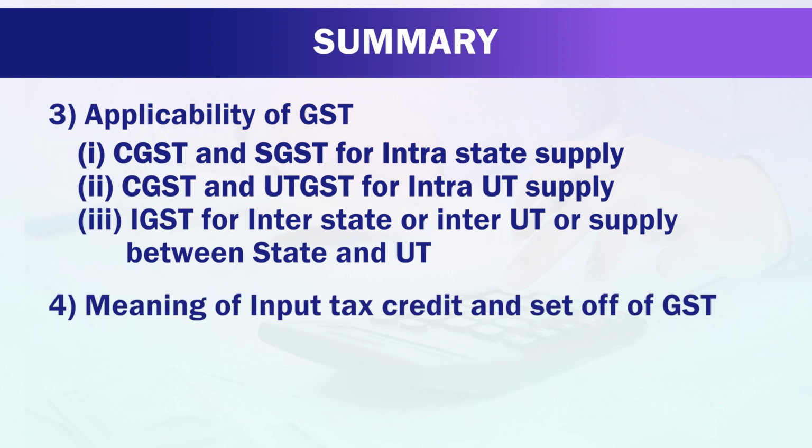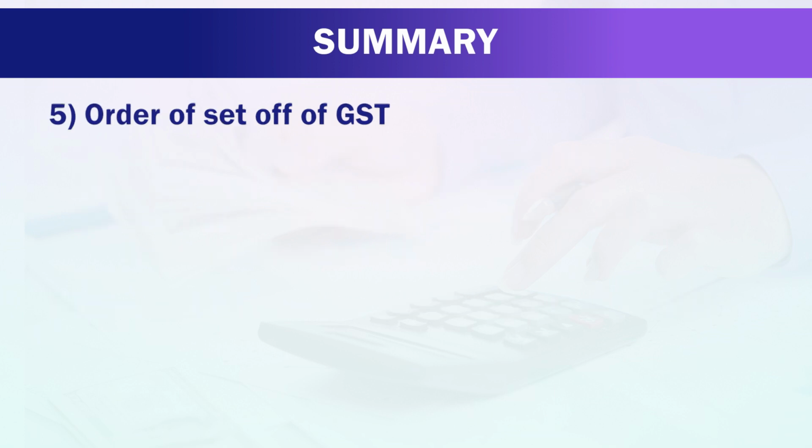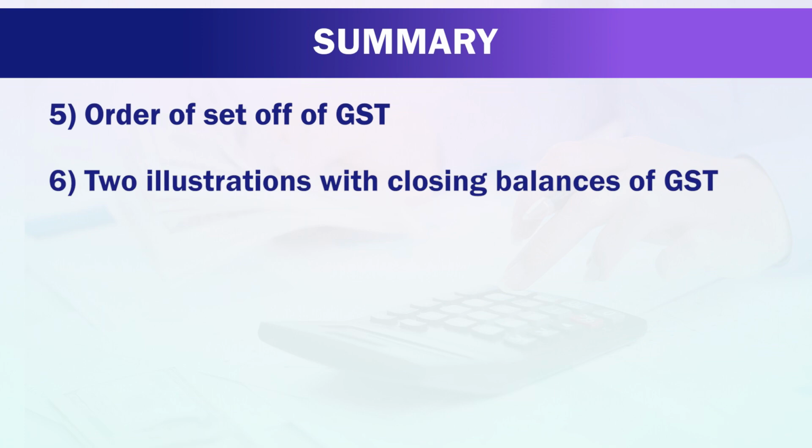Fourth point which you have observed was meaning of input tax credit and set off of GST, order of set off of GST, 2 illustrations with closing balances of GST. Friends, practice makes man perfect. It is desirable for you to study more illustrations to examine the final effect of GST on final accounts. Your regular practice makes you perfect with GST related issues.